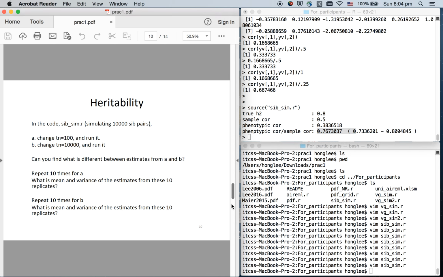Okay, now this is about the power in relation to the confidence interval.